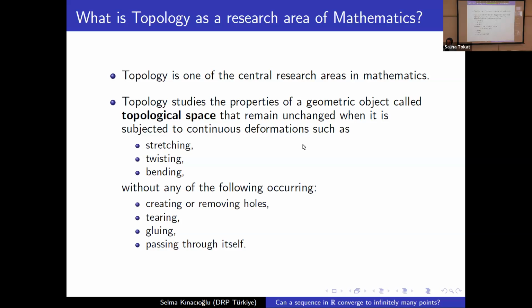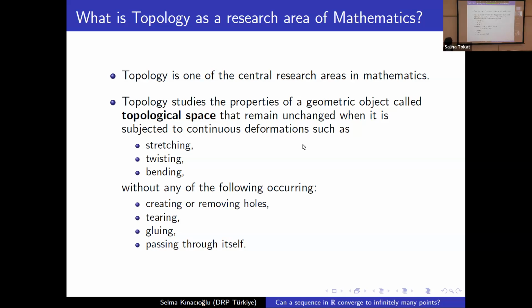First of all, let us start with what topology is. With my mentor, we studied what topology is, and today we're going to talk about what a Hausdorff space is, and we will discuss whether a sequence can converge to more than one value.